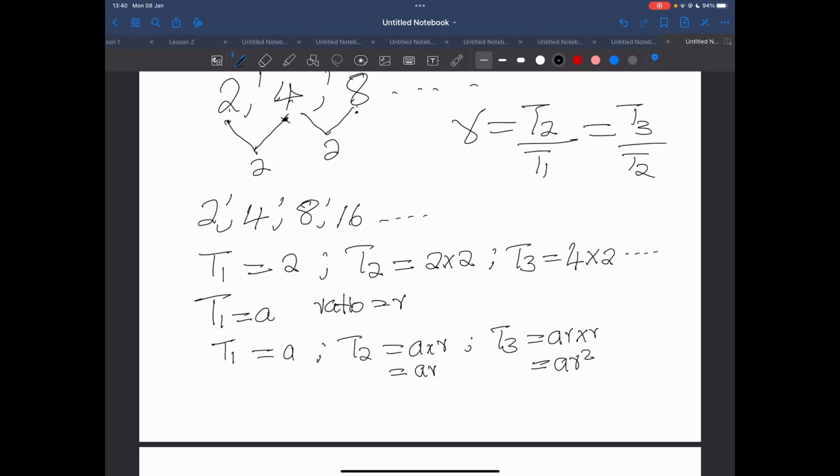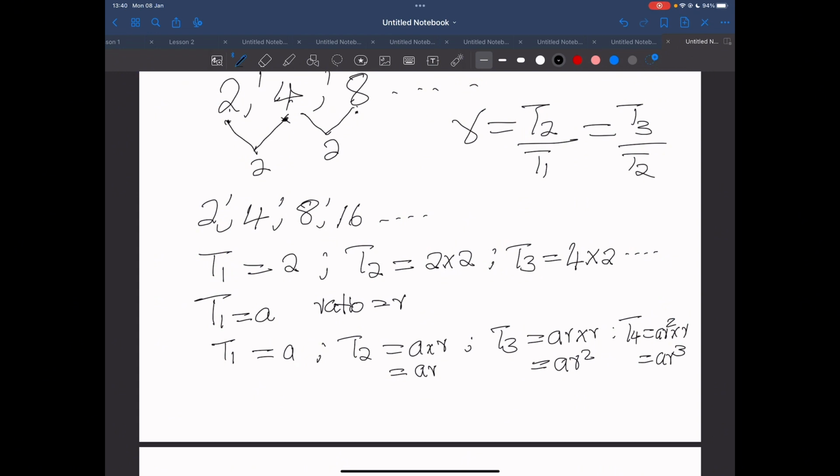Like that, we can even get term number 4, which is AR squared multiplied by R, so it gives us AR to the power 3.